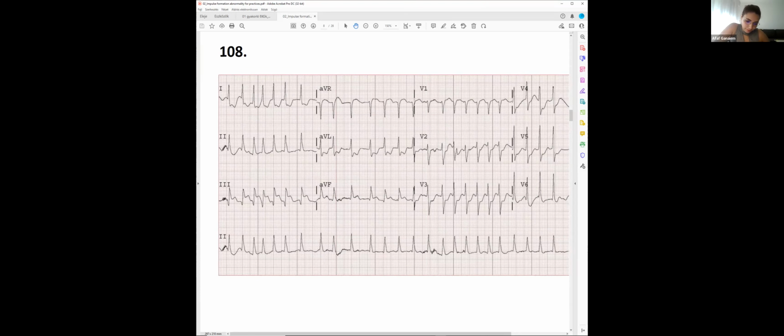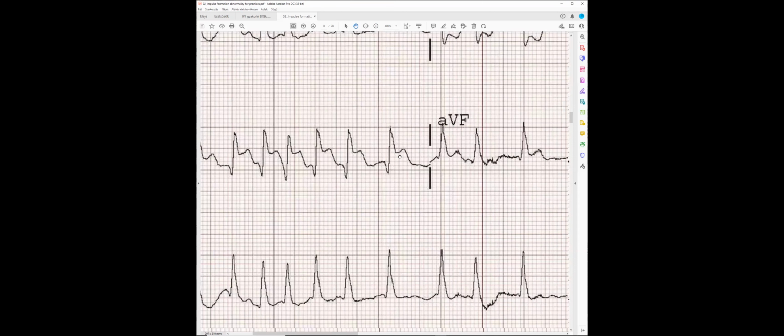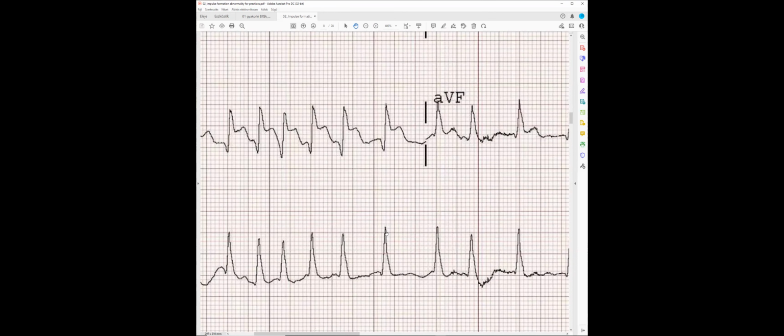Could you explain how we can calculate the atrial rate? Very similarly to the ventricular rate. How did you calculate the ventricular rate? You said you divide the 300 by the number of squares between R waves. Here, very similarly, look at these P waves and use the 300.